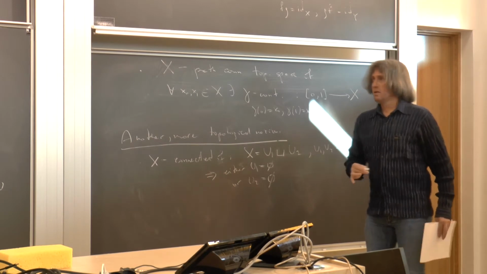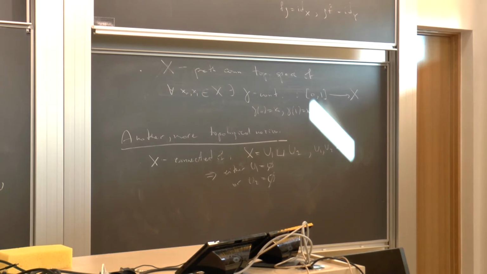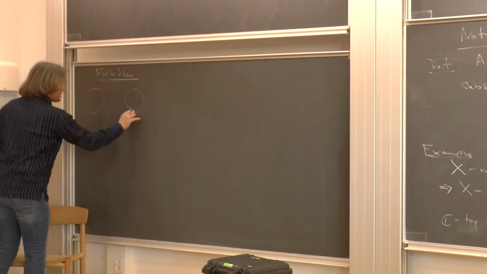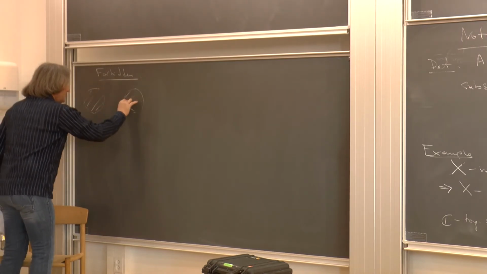So, I mean, I can draw it in an easy picture. So, what's forbidden? Suppose we have a space which looks like this, a union of this and this. So, obviously, this thing is not connected.